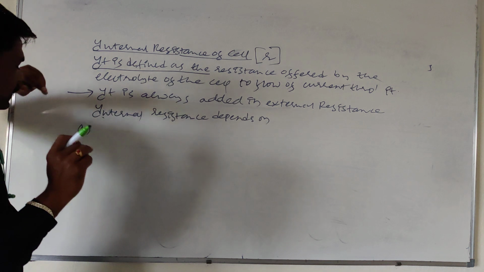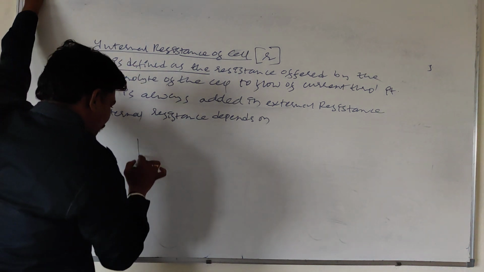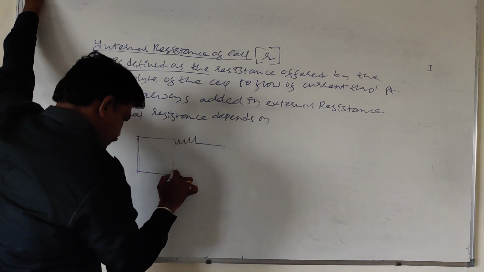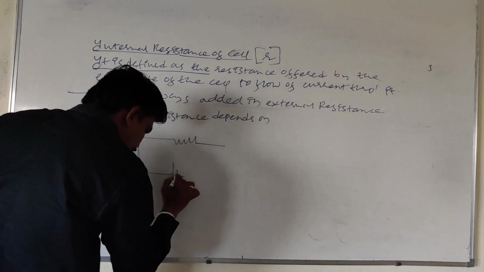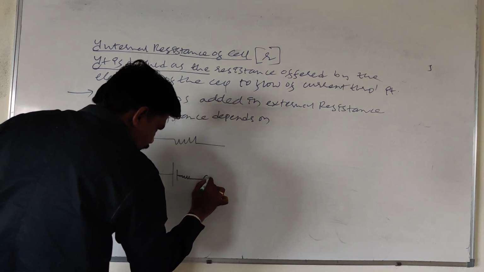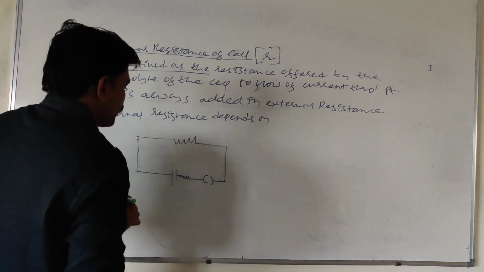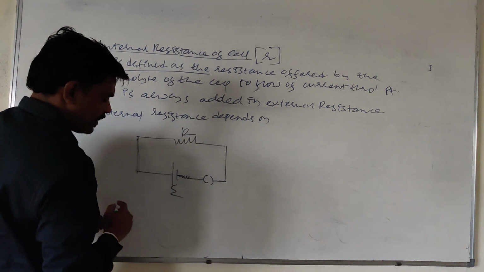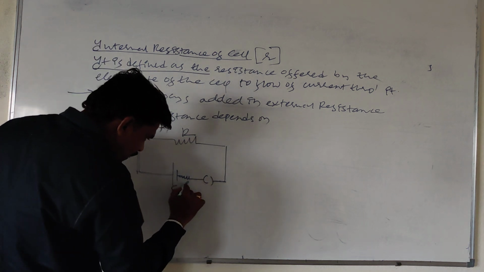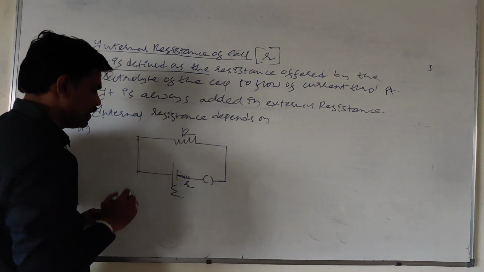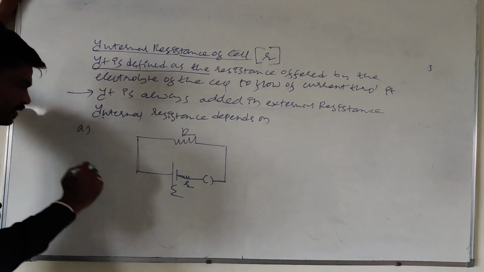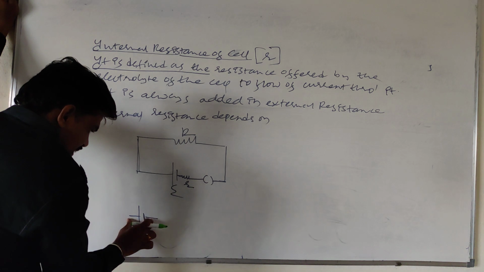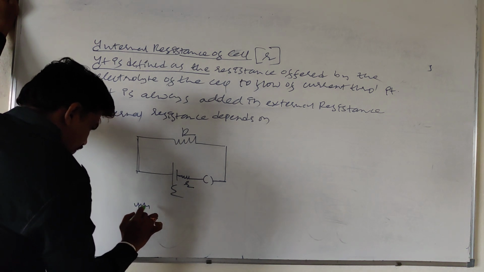See here, what happens? This is capital R, the external resistance. This is EMF, right? So this is R. It can also be denoted like this. This is small r.